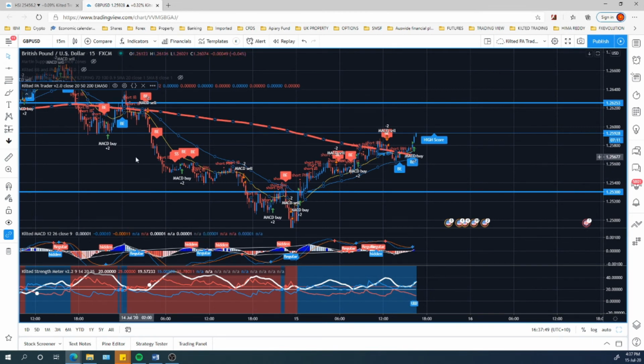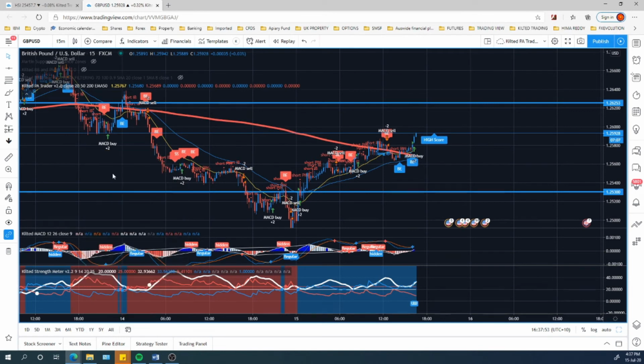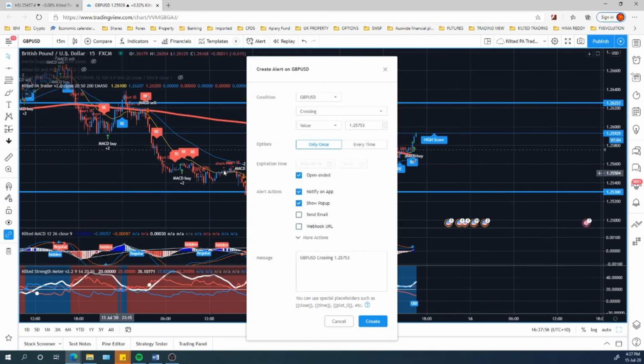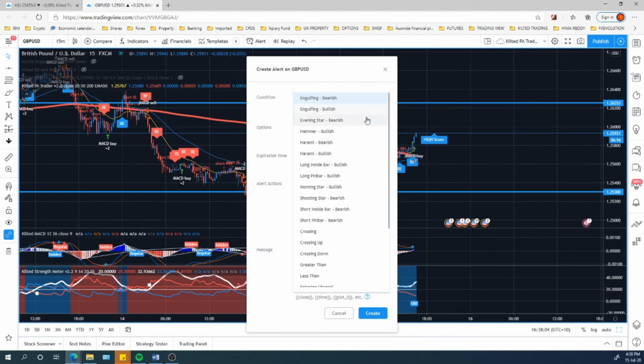What you're also getting is, let's have a look, and you guys are going to love this. Coded right into the indicator, we have every single pattern that you would like to trade, all coded in there as an alert. So as an example, let's say we're on a 4-hour chart.